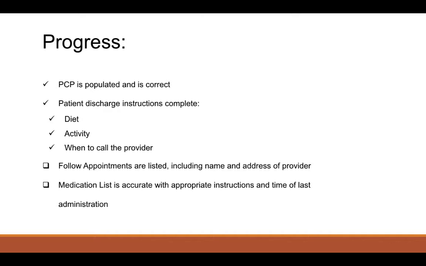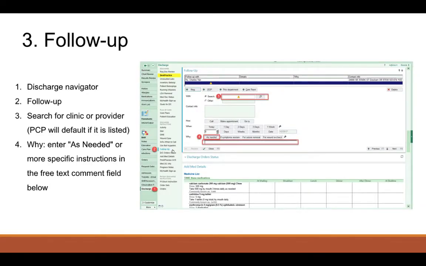Again, start in the Discharge Navigator. From there, you can add or update follow-up appointments by clicking on Follow-up. Then search for the provider or clinic and add all pertinent information.